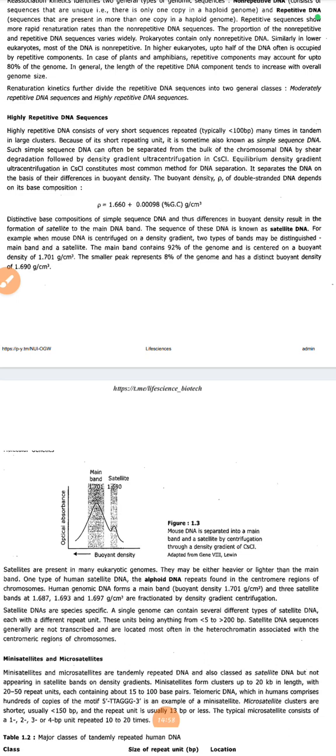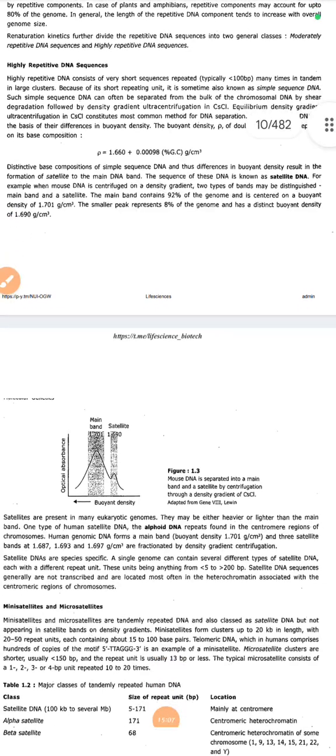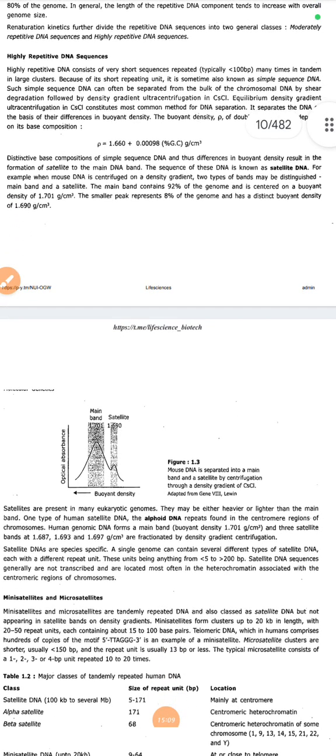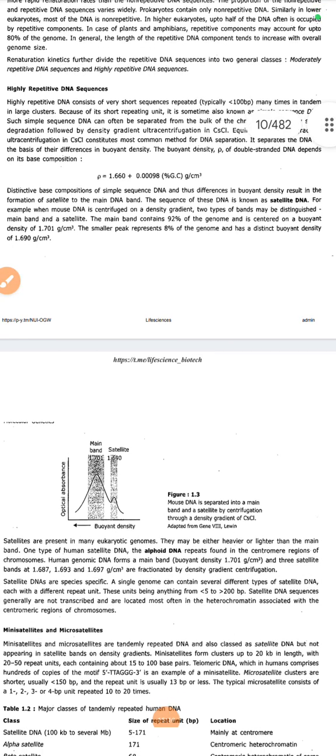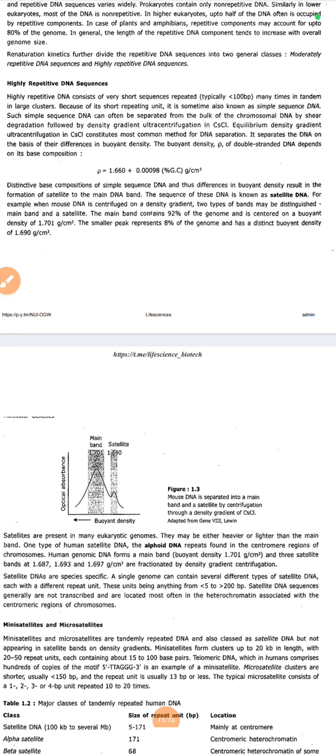CsCl uses the methodology of buoyant density separation, and the buoyant density rho of double-stranded DNA depends upon its base composition. Rho equals 1.660 plus 0.00098 times percent GC, in grams per centimeter cubed.